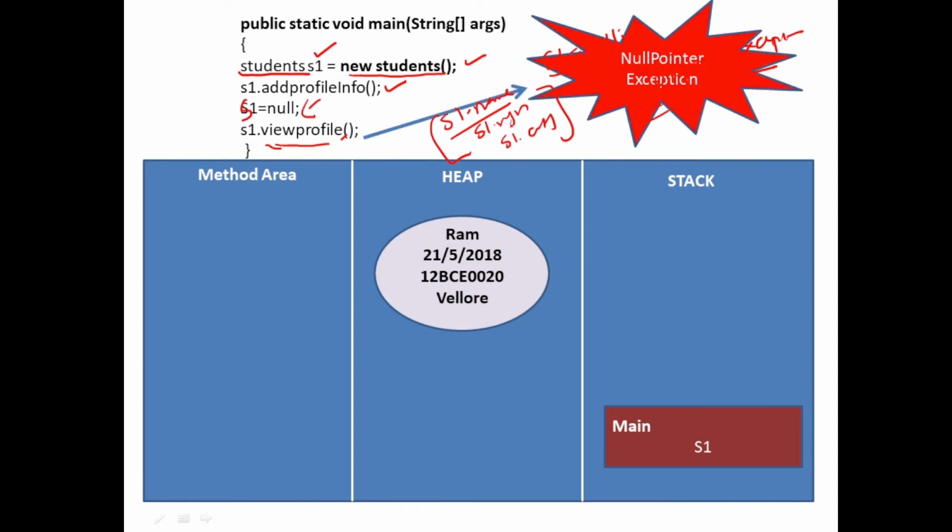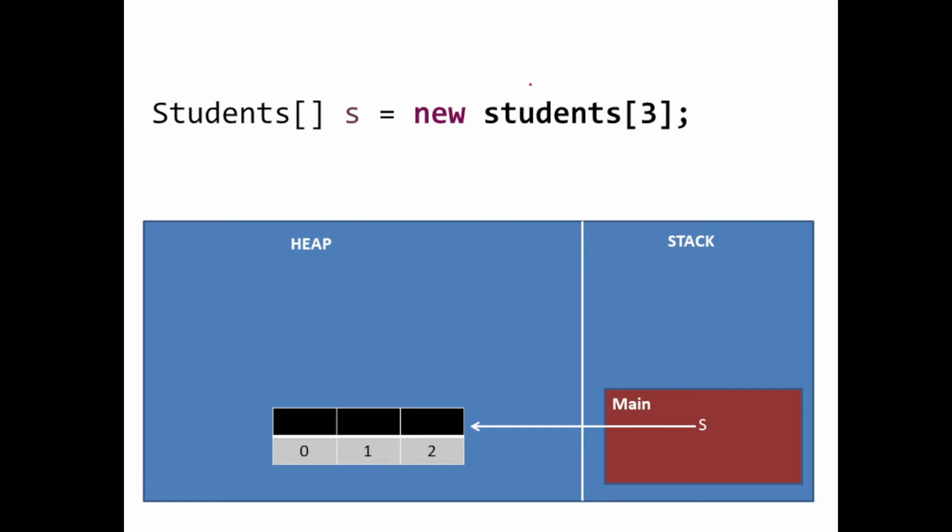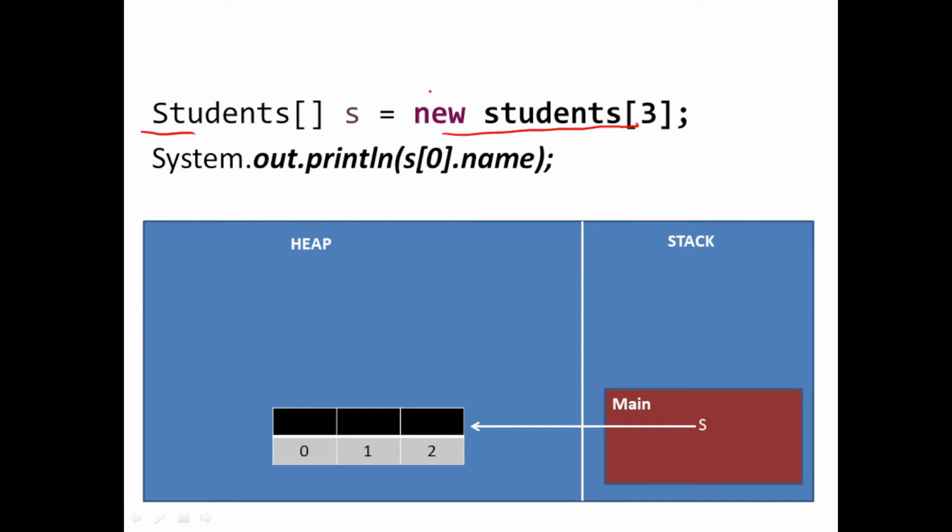The next scenario is with array of objects: how will you get a null pointer exception? Very common. You create an array of student objects here. So you created the array of references, I will say. And then you didn't allocate the memory on the heap, but you try to do something like this, print s of 0 dot name. Did you allocate? The references are not pointing to any allocation on the heap, but you're trying to access s of 0 dot name.